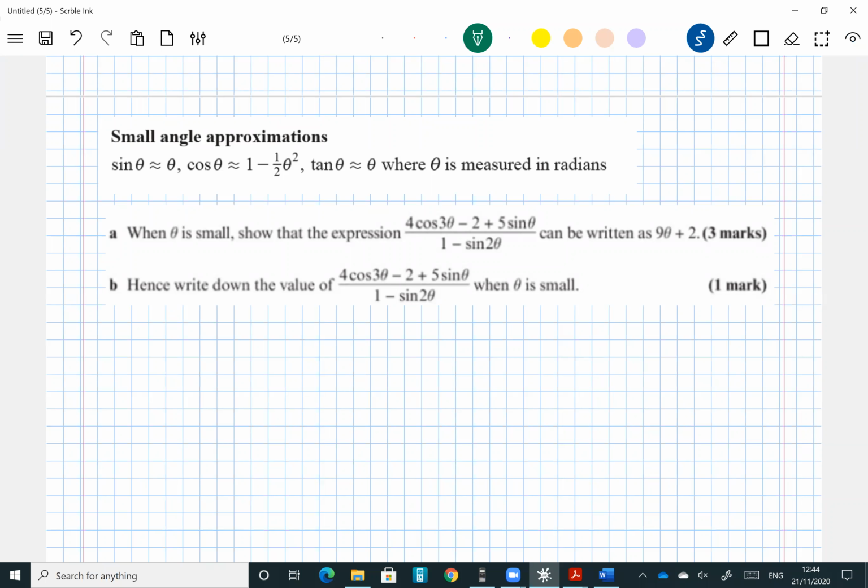So theta is small, so cos of 3 theta, so we've replaced theta with 3 theta here, so we'll replace theta here with 3 theta, and don't forget it's all of the 3 theta that has to be squared, all of it.